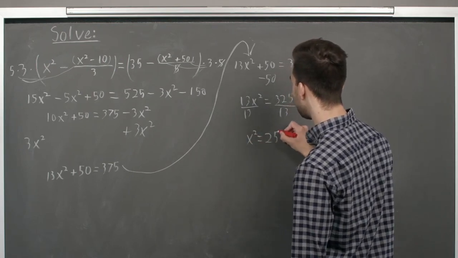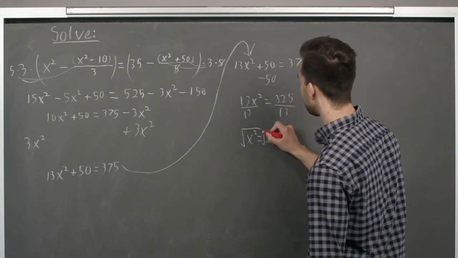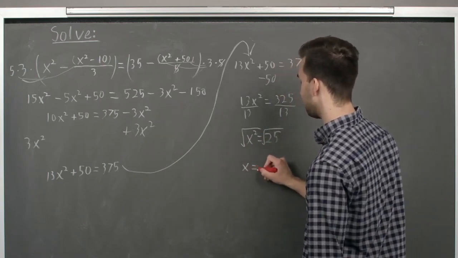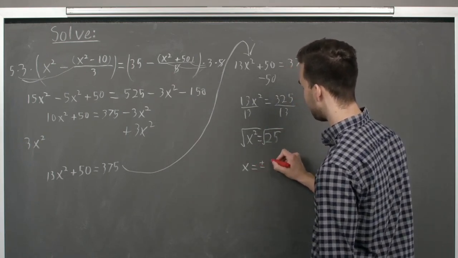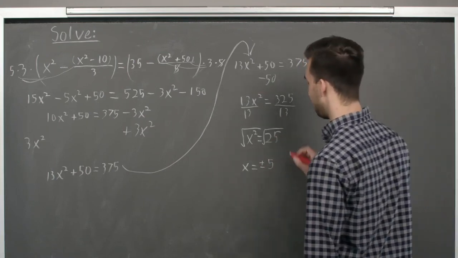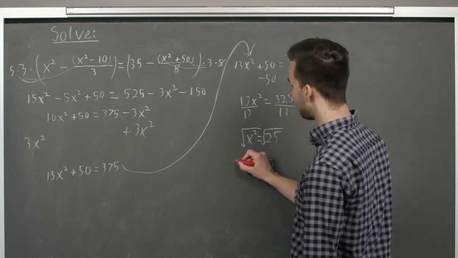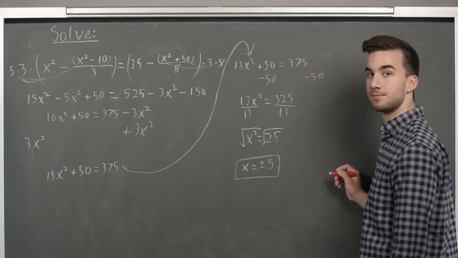And so, if we take the square root of both sides, that will give us x is equal to plus or minus 5, because the square root of 25 is 5, and it is also negative 5. So this will be our solution for this example.